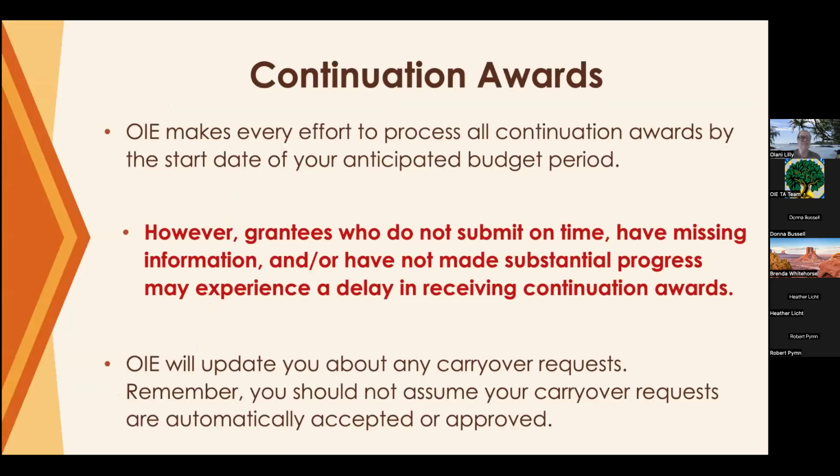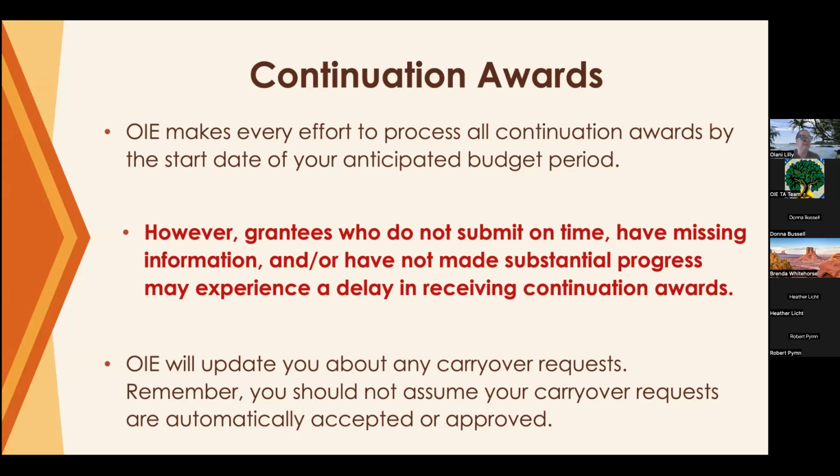So now we're heading downhill for today's APR. Again, thank you for hanging on. Regarding continuation awards, OIE makes every effort to process all continuation awards by the start date of your new grant year. However, there are some elements that may hold that up.